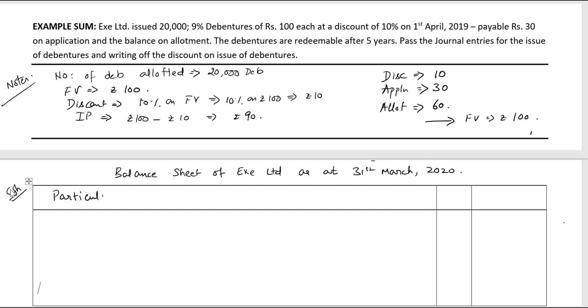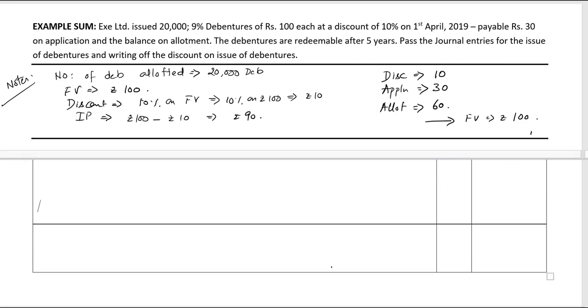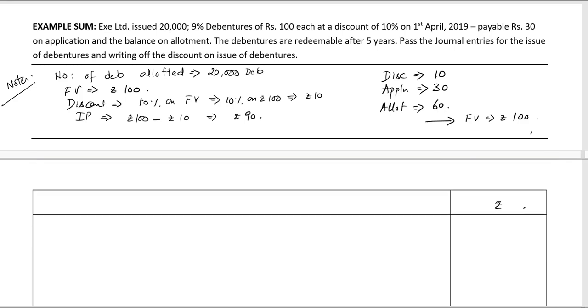Particulars, note number and a rupee column. We'll complete the note to accounts and come back to the balance sheet. Note to accounts. Particulars and a rupee column.